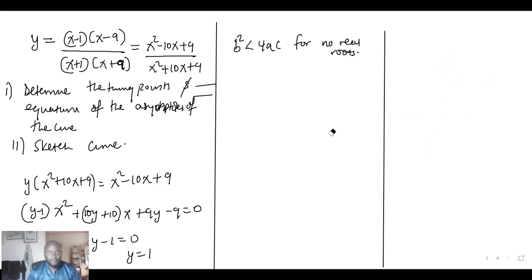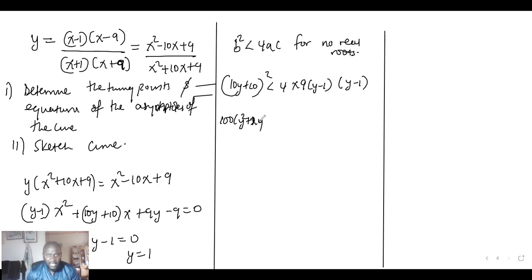Yes, thank you. Okay, so b squared will be (10y plus 10) squared is less than 4 times 9 into (y minus 1) times (y minus 1). You'll get 100 into (y squared plus 2y plus 1) is less than 36 into (y squared minus 2y plus 1).